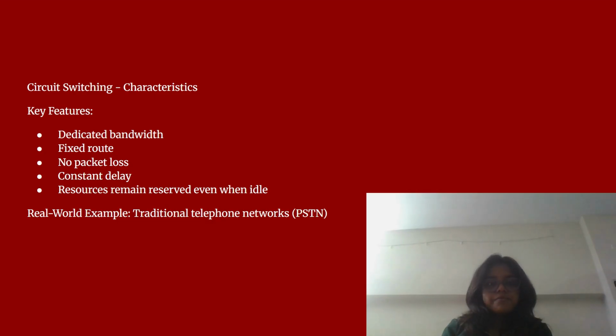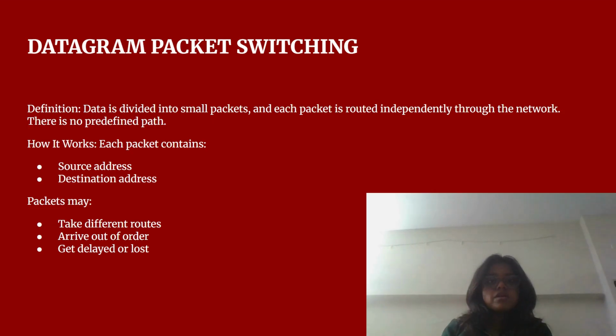Now let's take an example. Arav wants to send a long message to his online friend. The message is first broken into many small packets. Each packet is given the destination address, like writing the same address on many postcards. There is no fixed path.